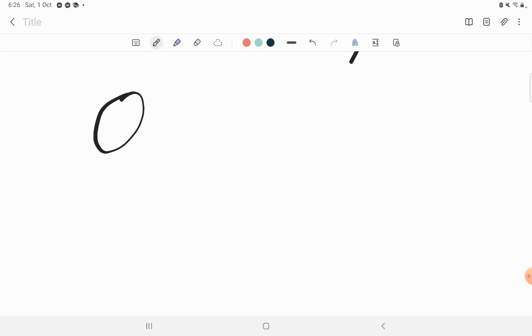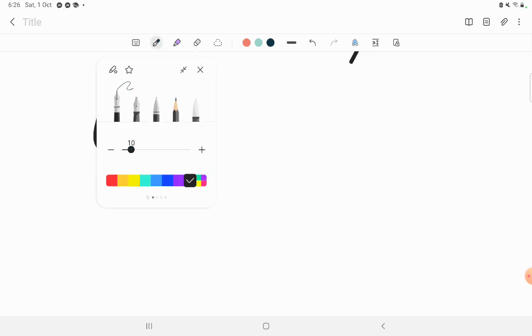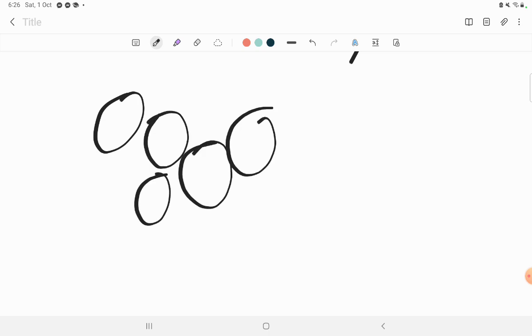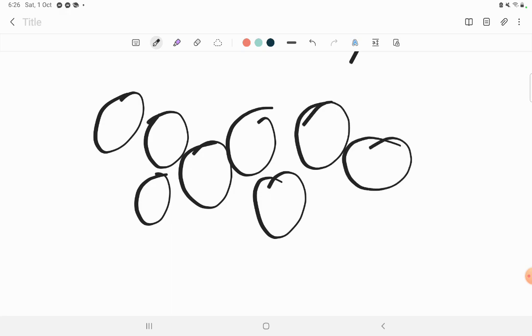So we have one here, maybe one here, one here, one here, and one here, one here also, and one here. Okay, so now let's draw the electrons. Electrons are here, here, over here, over here, and so on.